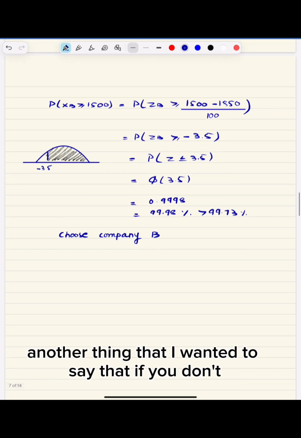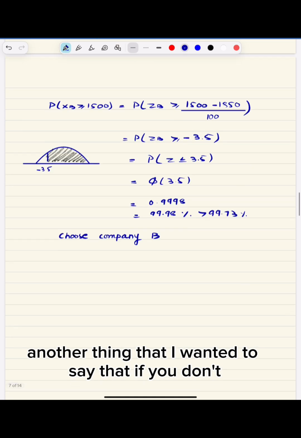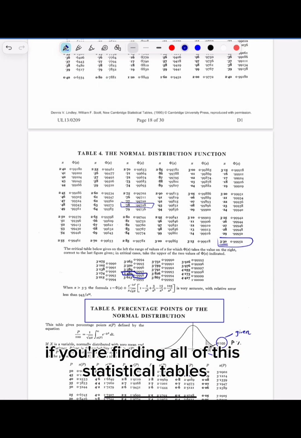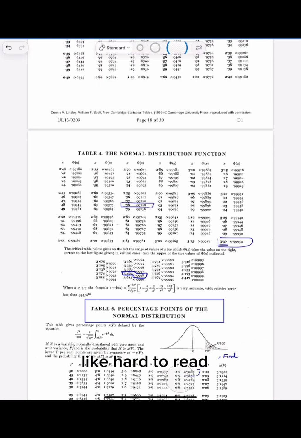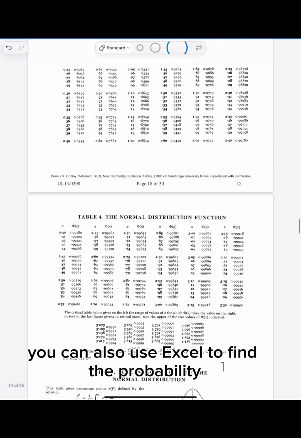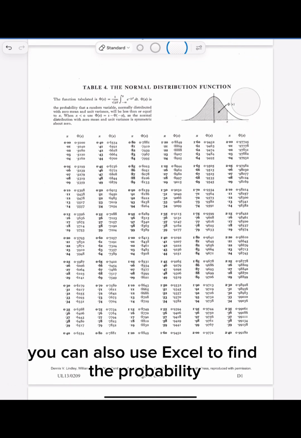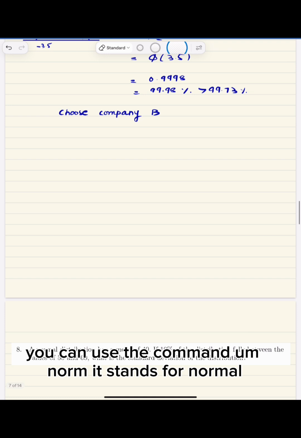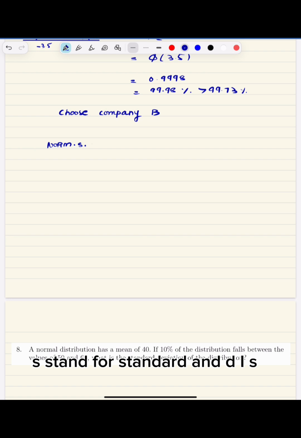Okay, another thing that I wanted to say, if you're finding all of these statistical tables hard to read, you can also use Excel to find the probability. For instance, you can use the command NORM.S.DIST. It stands for normal, S stands for standard, and DIST stands for distribution.